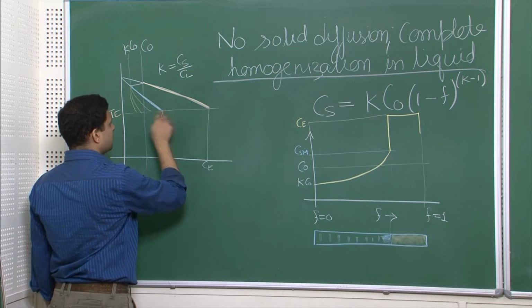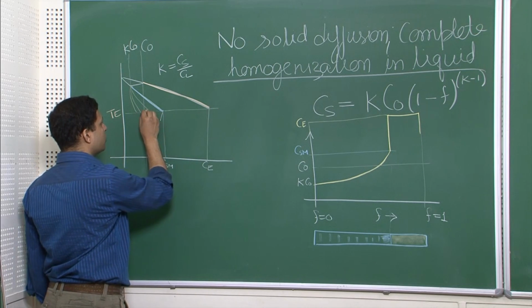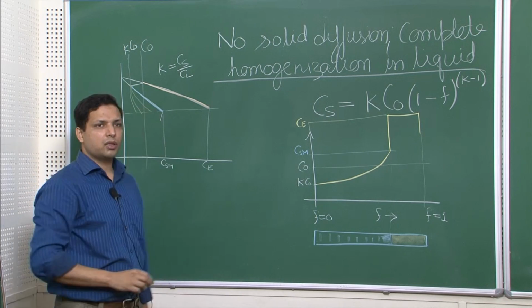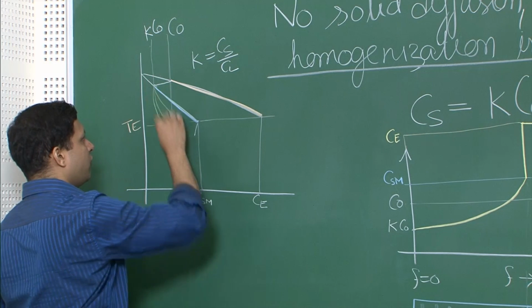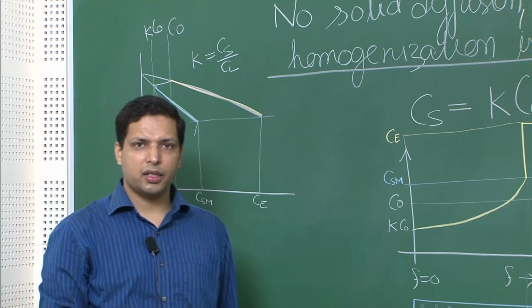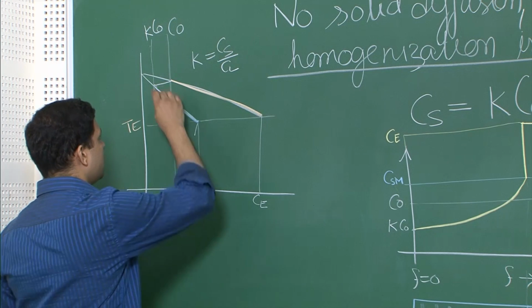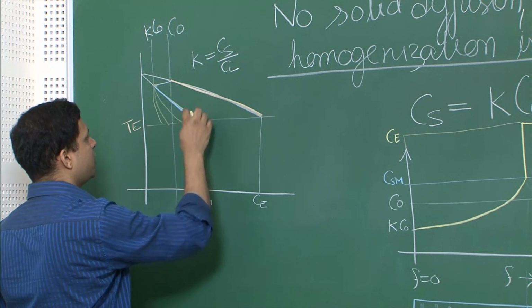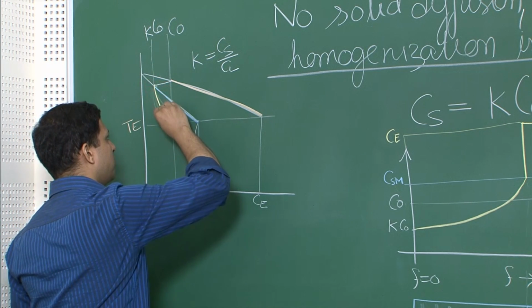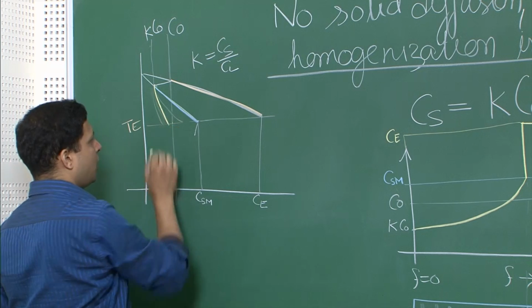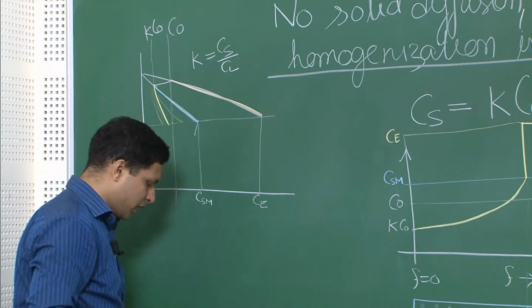That means that this plus this must balance, so that this final composition comes out to this, and therefore the effective solidus, or the average concentration of the solid, should be less than C naught, and therefore the right plot would be something like this. It may even be a little to the left, but it cannot cross this line of C naught.